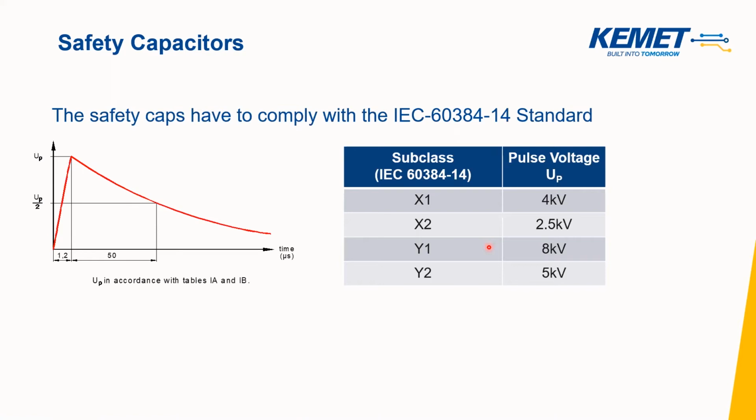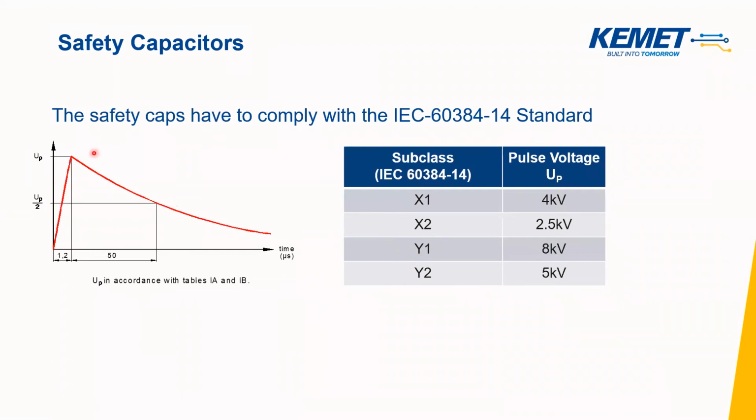The safety rating typically depends on the value of the peak voltage, UP here in this case. The duration and shape of the pulse remains the same, but it's really this peak voltage that determines the rating. For example, if your capacitor can withstand a peak voltage of 8 kilovolts as per this waveform, then it's rated as Y1 grade.